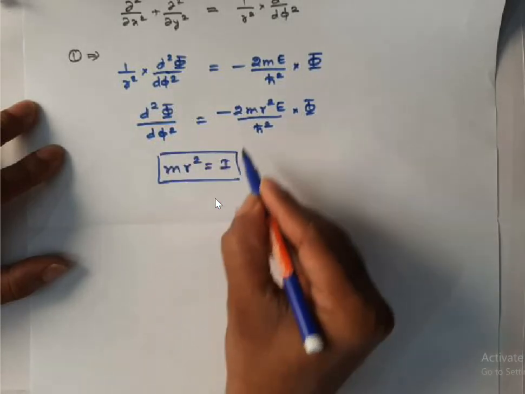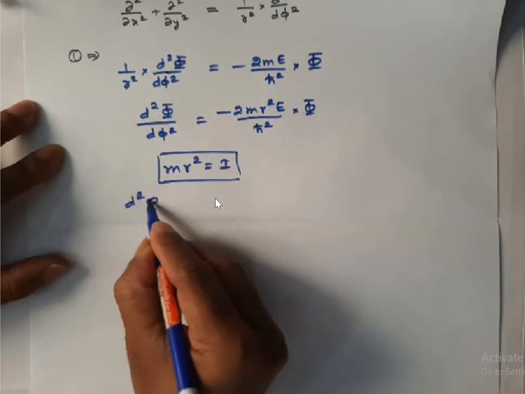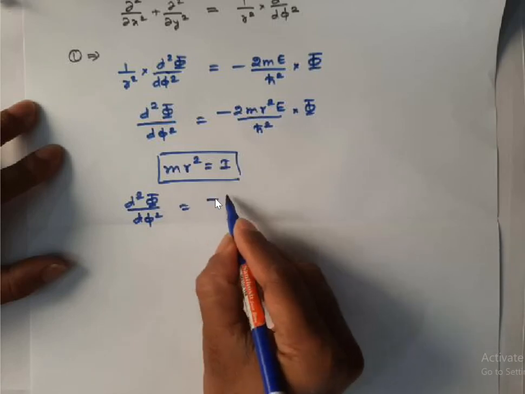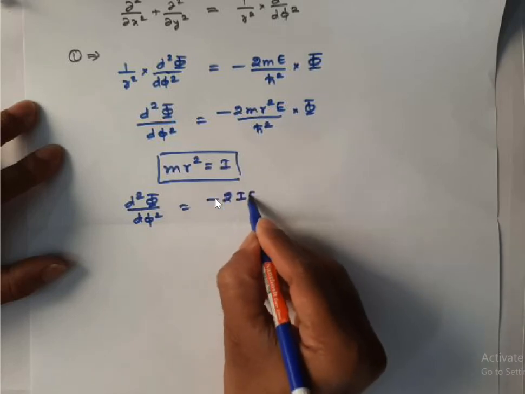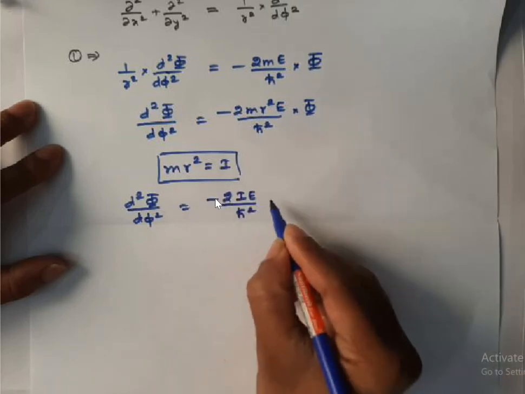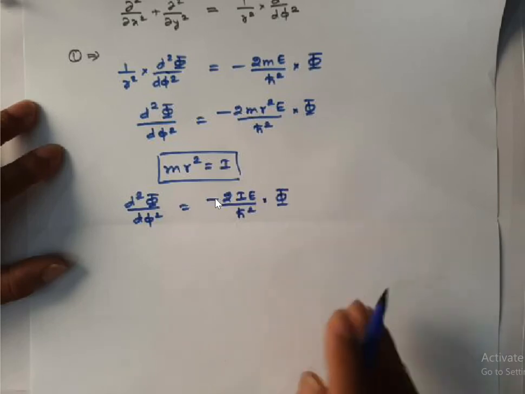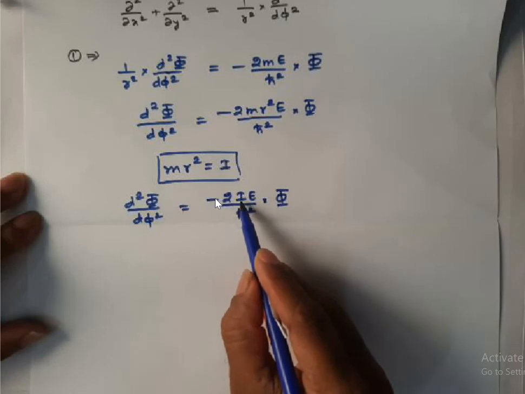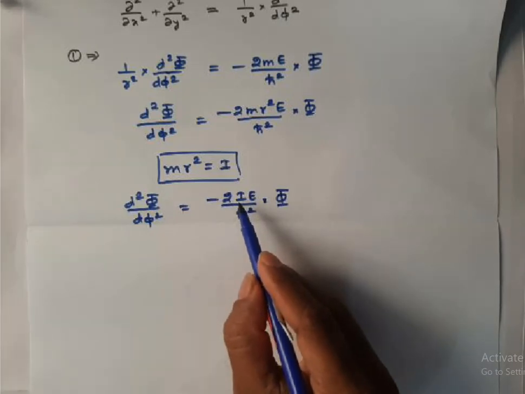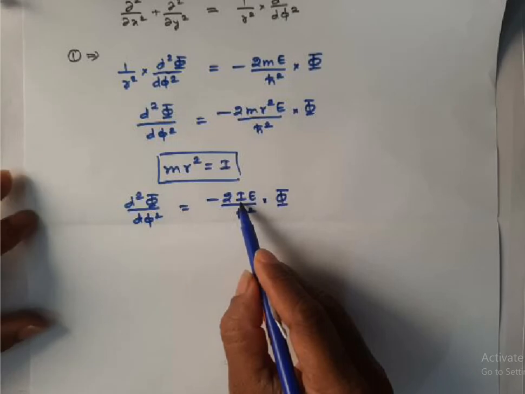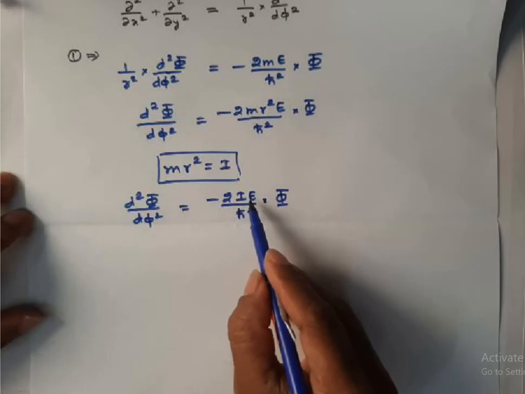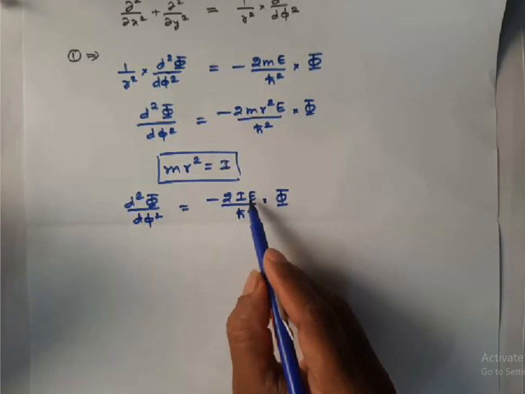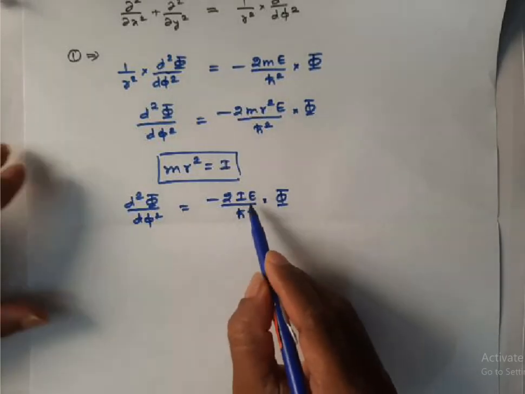Therefore, the above equation can be written as d square Phi by d phi square equal to minus 2IE by h bar square into Phi. Here 2 is a constant, the moment of inertia is a constant for a given particle, E is energy. Let us assume the particle is present in a particular energy level, so E is also a constant, h bar is a constant, so all these things are constant.